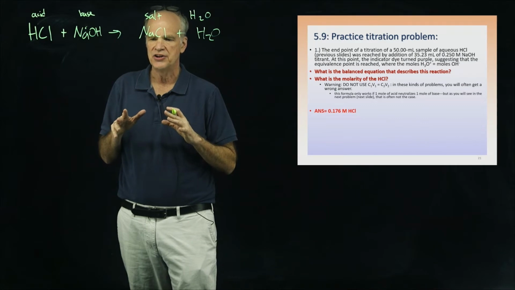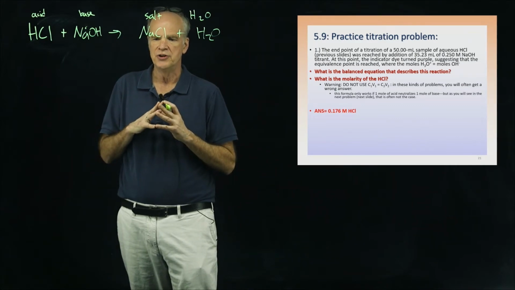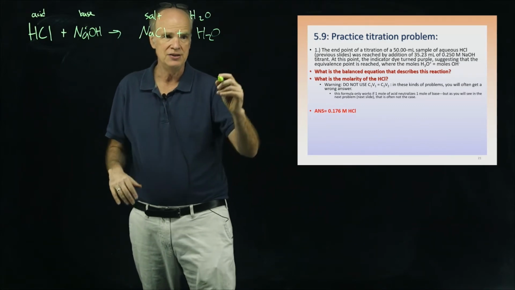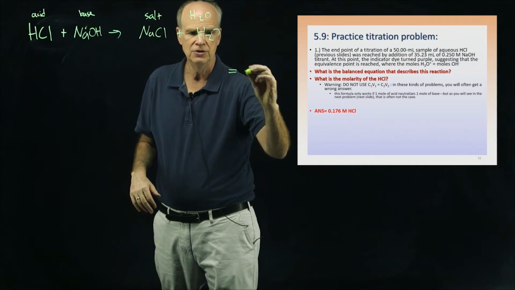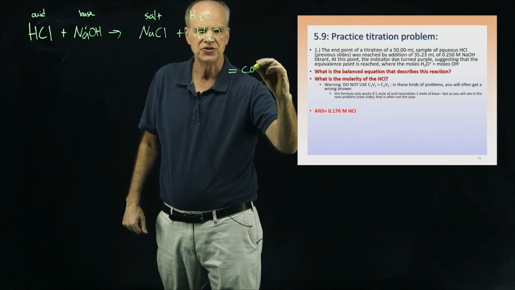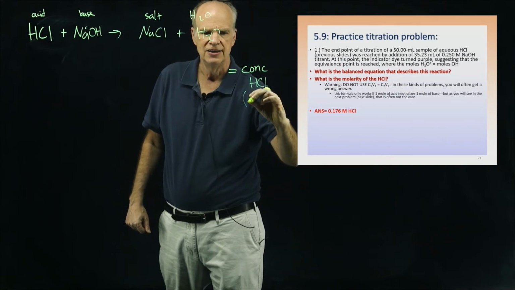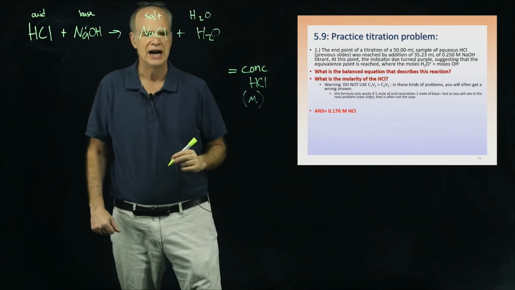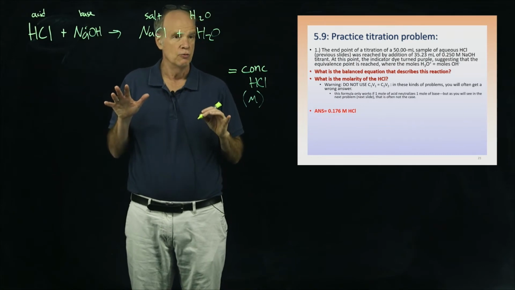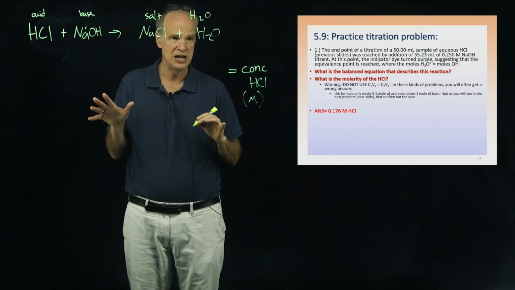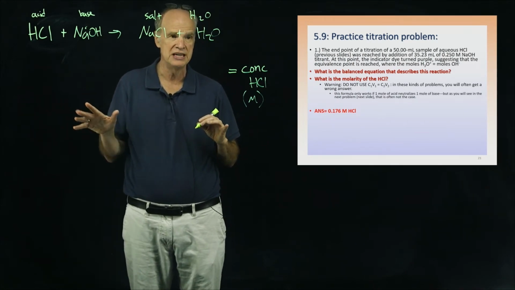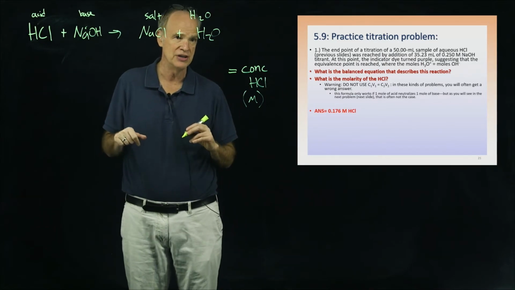The problem, as I read it, says, what is the molarity of the HCl? So in the end, we're trying to find the concentration of the HCl, and the way we do that is by finding a molarity for it. So the question is, where do we start? What information do we start with which will lead us to figure out what the molarity of the HCl is?